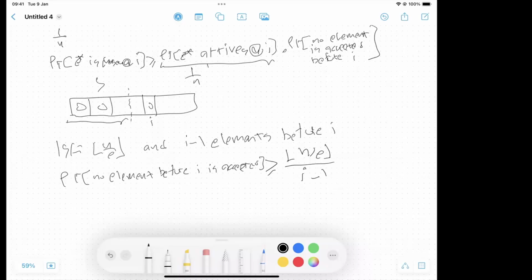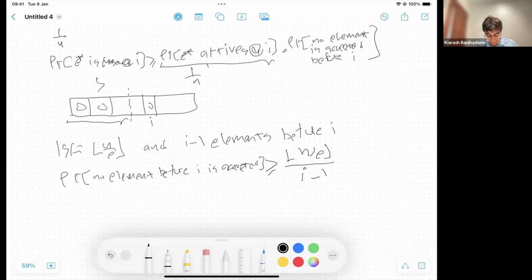Again, why is that? Because the size of the set S is n over E, and this is a uniformly random order, as long as the maximum of the set of numbers appears in the first n over E elements, then I'm going to have this condition. I have I minus 1 elements in total, and the position of the maximum is chosen uniformly at random, so the probability is the size of S divided by I minus 1.